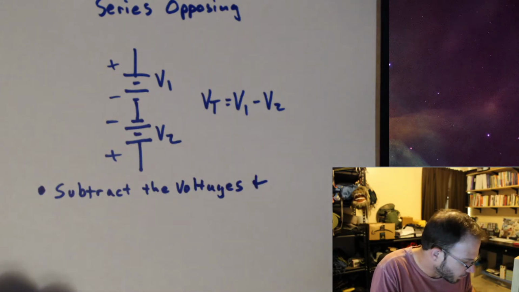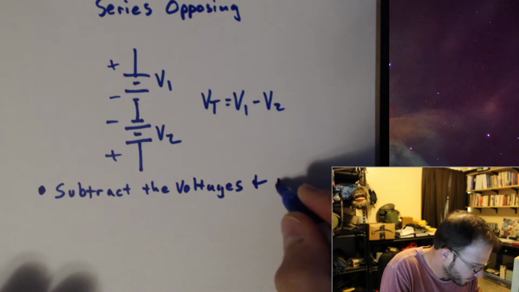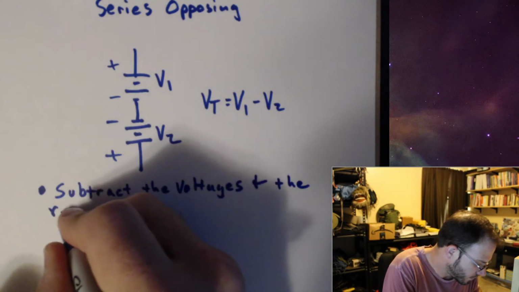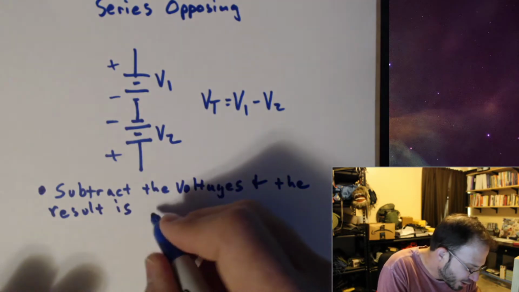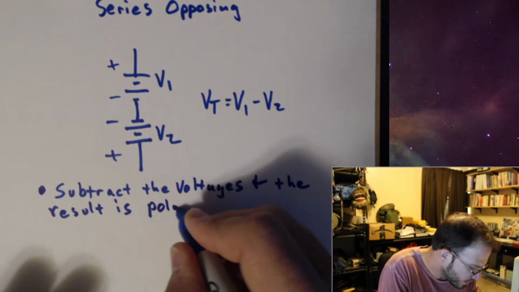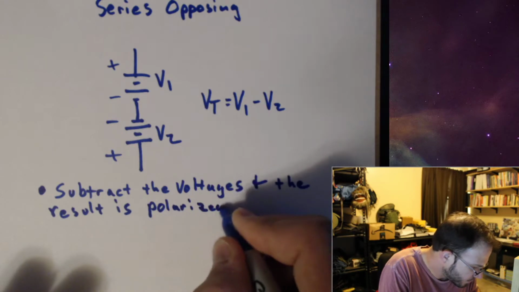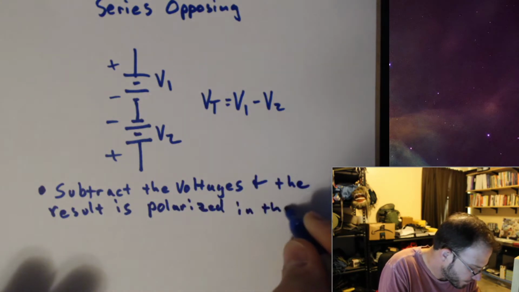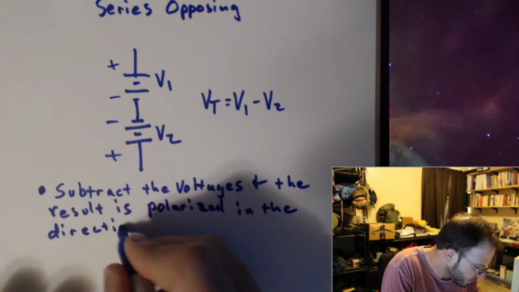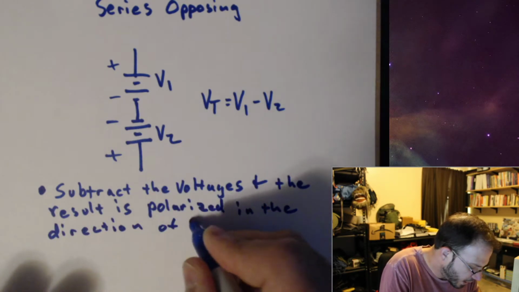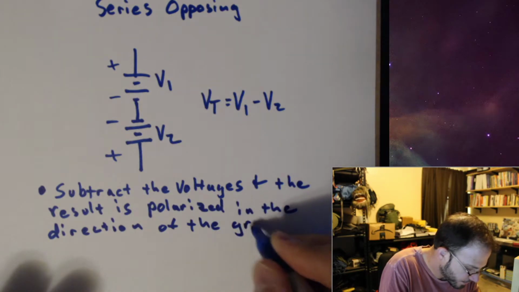So subtract the voltages. And the result is polarized in the direction of the greater source.